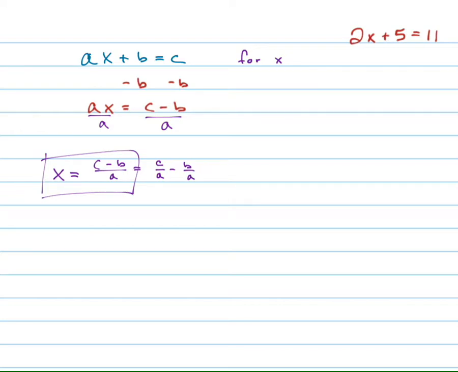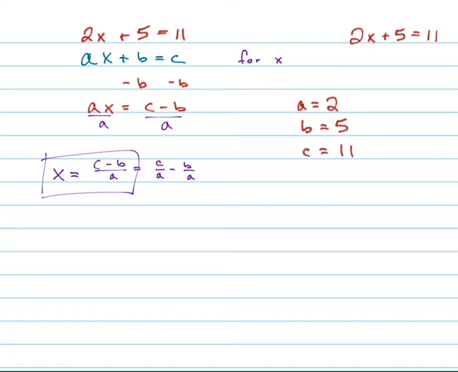Now, we want to use that to solve 2x plus 5 equals 11. Let's think about this. If we compare 2x plus 5 equals 11 to ax plus b equals c, what's a? What's b? What's c? 11.